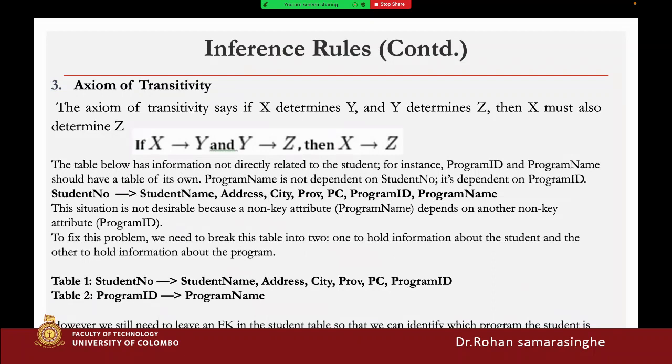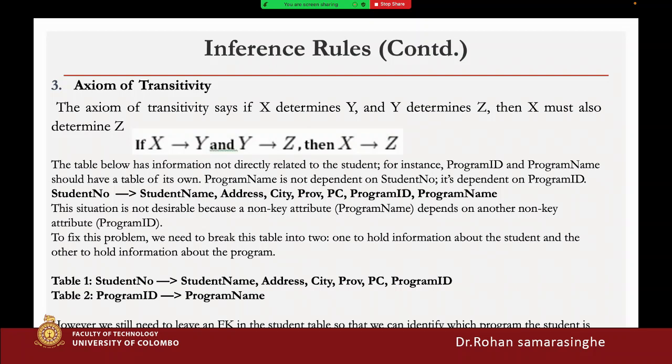The transitivity axiom says if X determines Y and Y determines Z, then X determines Z. The transitive rule: X determines Y and Y determines Z, then X determines Z. The table below has information not directly related to the student.